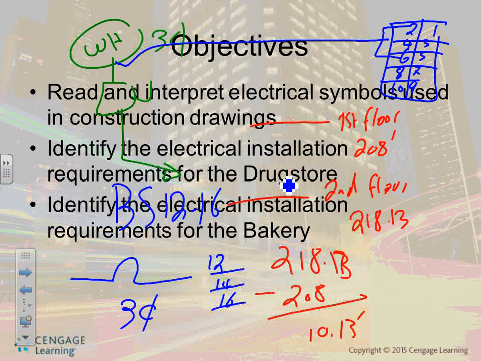There are 2 circuits going to it. Washer and dryer, 30 amp. It's 208. Single phase or 3 phase? Single phase. It's 2 hots. Remember, 2 slots, 2 hots. 1 slot, 1 hot and a neutral. 208.